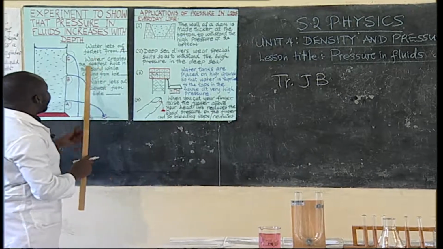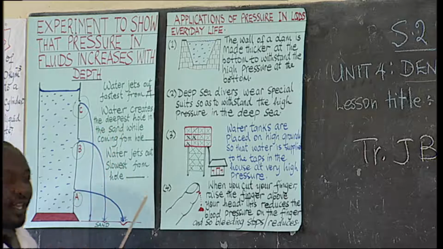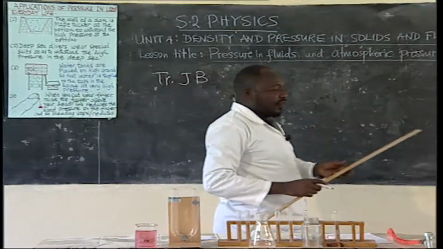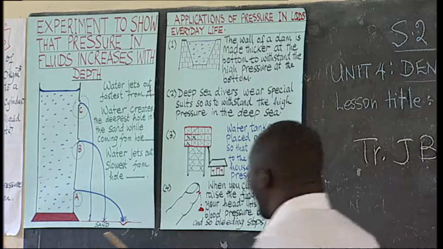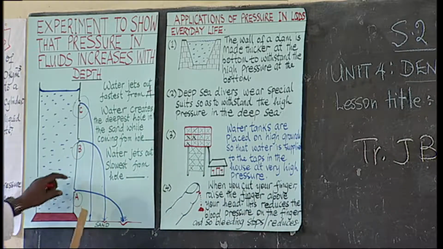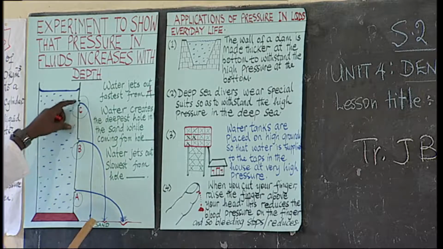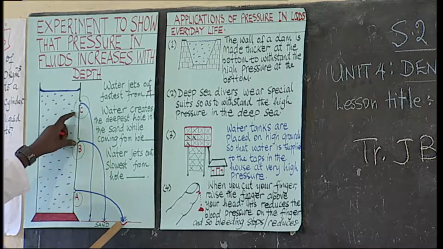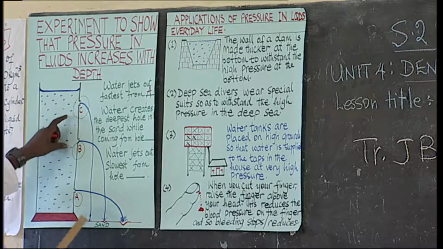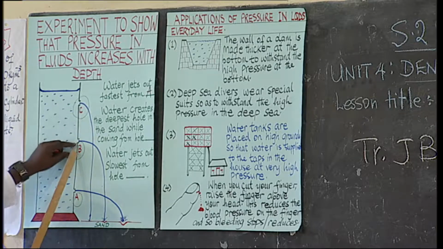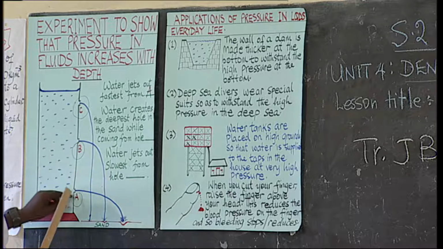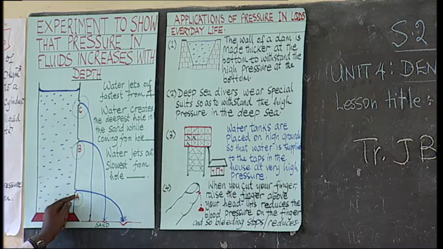Then, water creates the deepest hole in the sand. If we allowed our water to fall on the sand, it would create a hole on the sand. So which of these three holes do you think would create the deepest hole in the sand? Is it from water coming from C, or water coming from B, or water coming from A? What do you think?